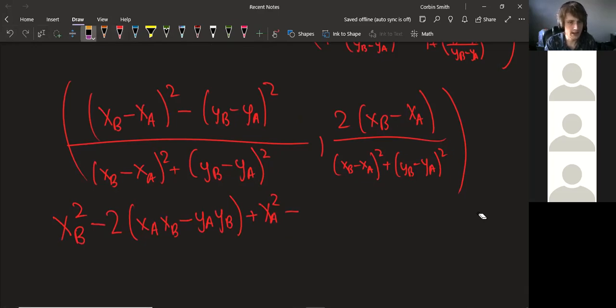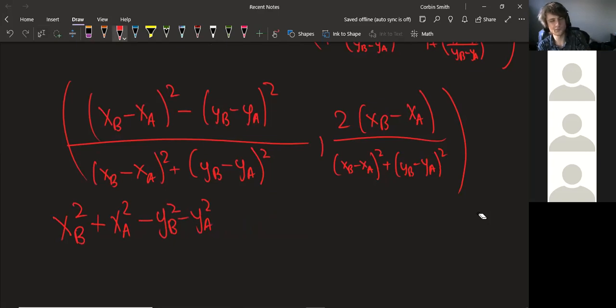Maybe I should put these close together. Yeah, let's do that. Let's rearrange the order of this. So it's going to be xb squared plus xa squared minus yb squared minus ya squared minus 2 xa xb minus ya yb.